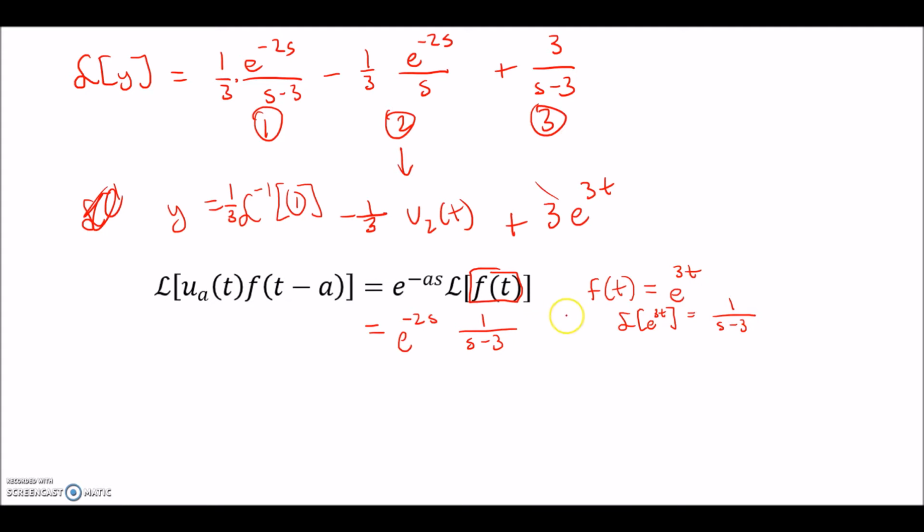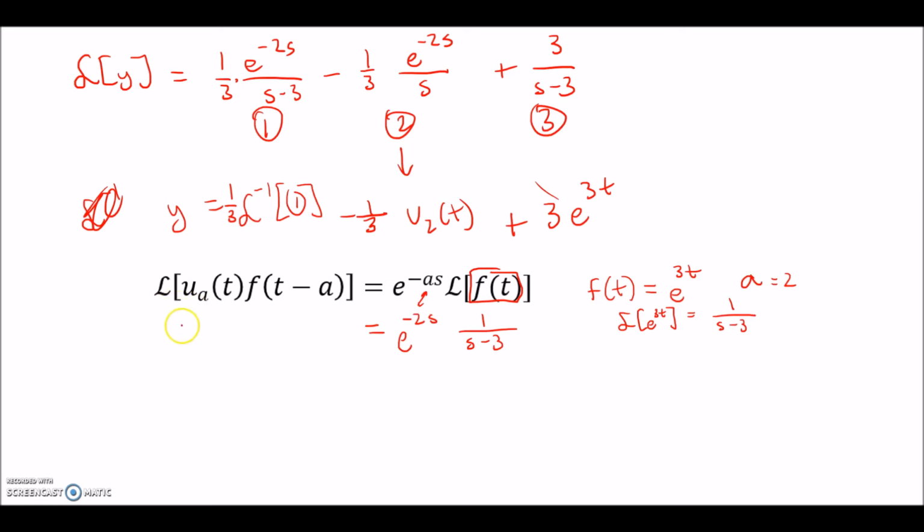Now that I have that identified, in order to invert this, I need something of the form u sub a of t times f of t minus a. This requires me to identify two things. One is f of t, which I already know, and the second is a. The a is exactly the exponent here, which is 2.